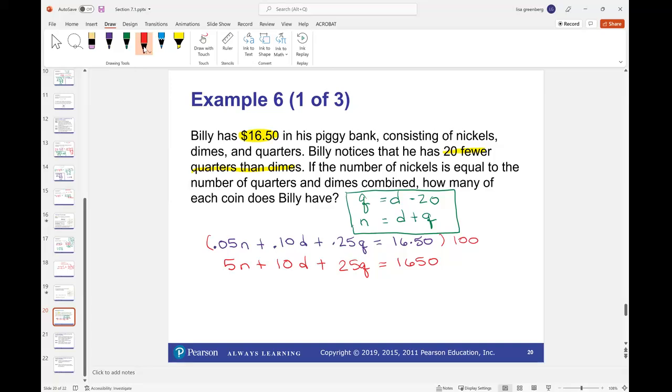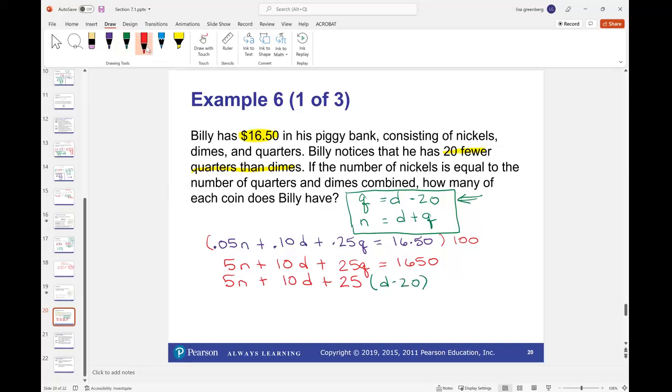Now, at least now I don't have any decimals, okay? So let's see what I can do here. I need to eliminate something. So I know that the quarters is equal to dimes minus 20. So let's start there. So I have plus 10 dimes plus, now for the quarters, I'm going to say 25 times, and I'm using Q equals D minus 20.